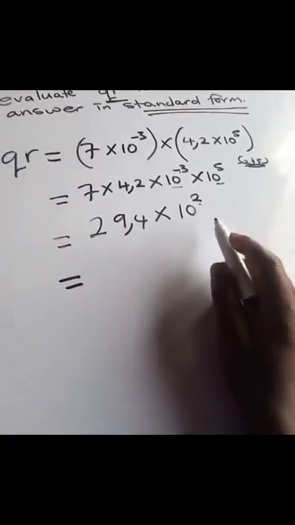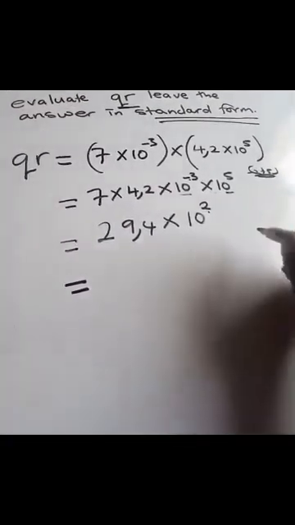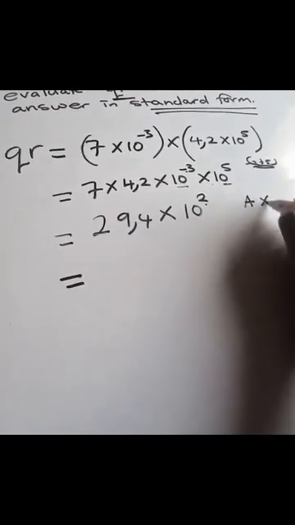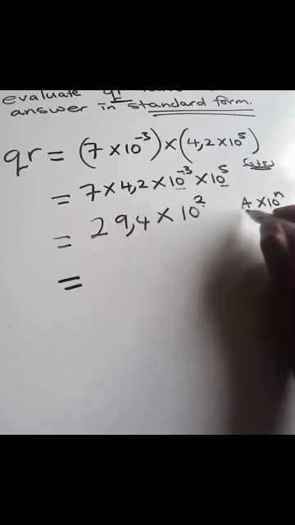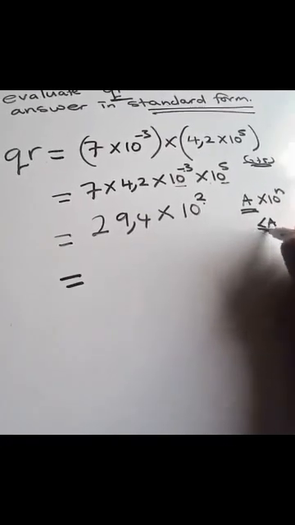But if we check, this answer is not in standard form, because standard form says the number should be in the form a times 10 to the power of n, where a is a number that is greater than or equal to 1 but less than 10.